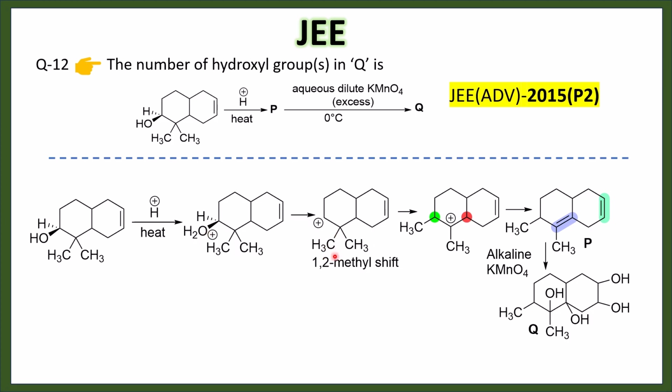Further, a 1,2-methyl shift gives the stable tertiary carbocation, and further the hydrogen from this center is eliminated, giving this double bond. Now these two double bonds undergo alkaline KMnO4 hydroxylation at 0 degrees Celsius, as mentioned. So these two double bonds give 4 hydroxyl groups. That's why the number of hydroxyl groups is 4.